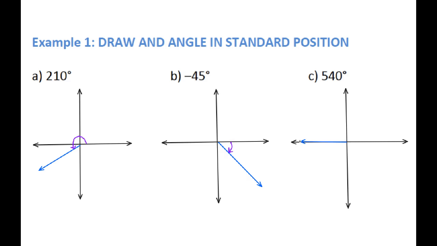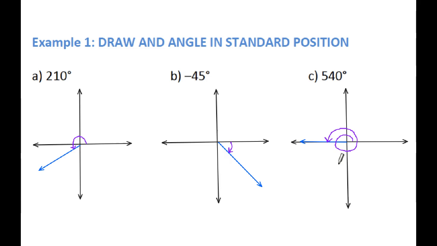So there's my extra 180. And I am going a full rotation, 360, and then the extra 180. So those are the sketches for 210, negative 45, and 540.